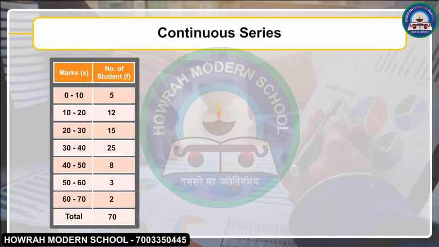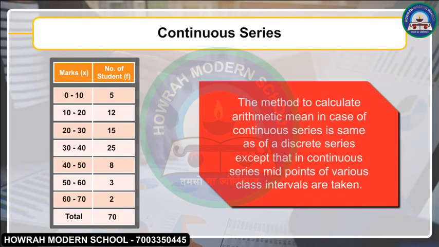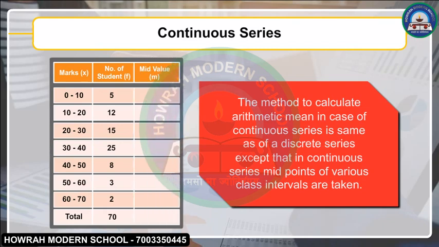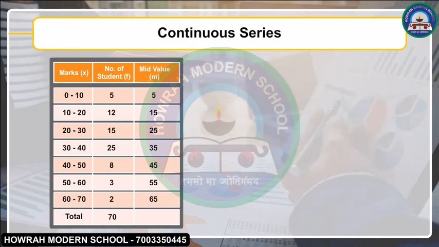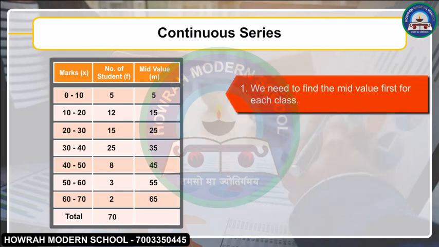Continuous series. The method to calculate arithmetic mean in case of continuous series is the same as for a discrete series, except that in continuous series, midpoints of various class intervals are taken, like 0 to 10, 10 to 20, or 0 to 9, 10 to 19, etc. Direct method. We need to find the mid value first for each class.